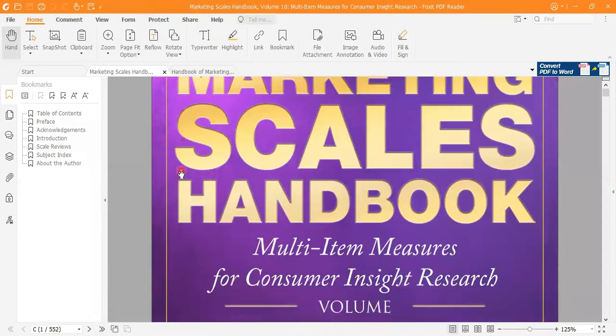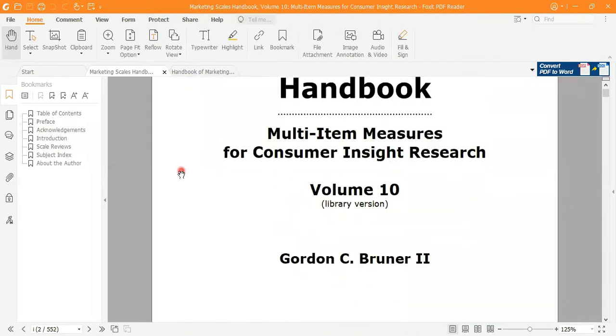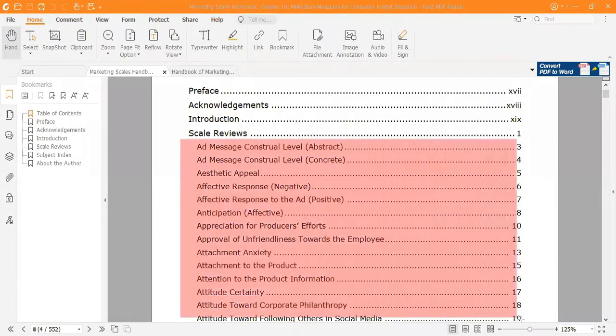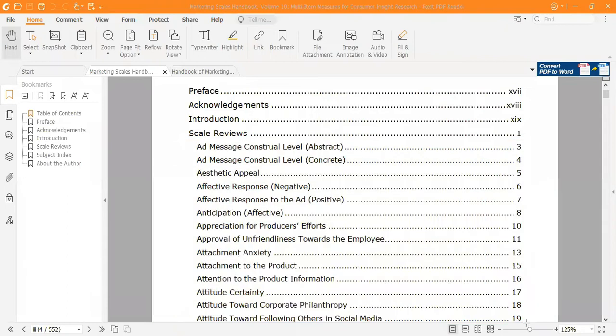Now this is volume number 10. Here, all these scales are available for different constructs like affective response, aesthetic appeal, attachment anxiety, attachment to the product. If you are working on these types of variables, then their survey items are available here.